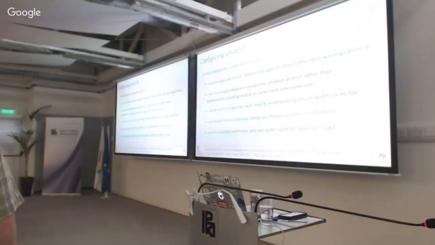We set short time to a very large value. We do this to avoid further user spider caches. So this is Andreas' question. You can have different cache files, system cache files centrally, and each user can also have a user cache. The thing is, LMOD will, if it sees that it takes a long time to query the module files, start building a cache file automatically for the user and then save it in the home directories.